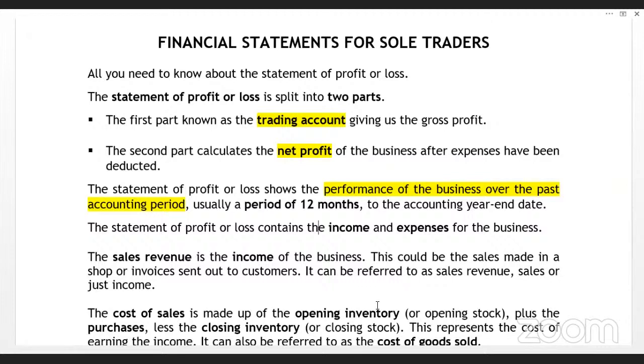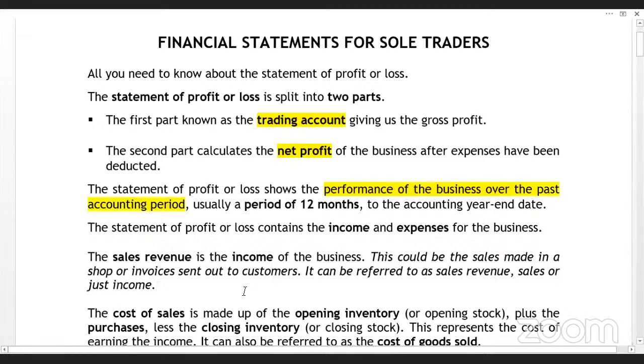This could be sales made in the shop, or the invoices sent out to customers. It can be referred to as sales revenue, sales, or just income. When you make sales, whether on cash or on credit, all that will make your income.